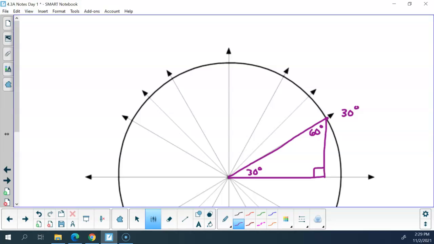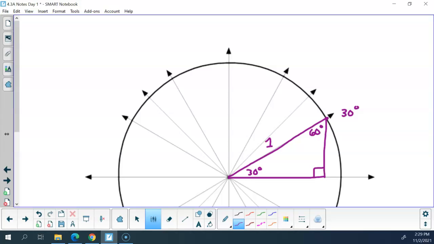And the ratio was 1, square root of 3, and 2, right? But our radius is only 1. So that means my hypotenuse is only 1.